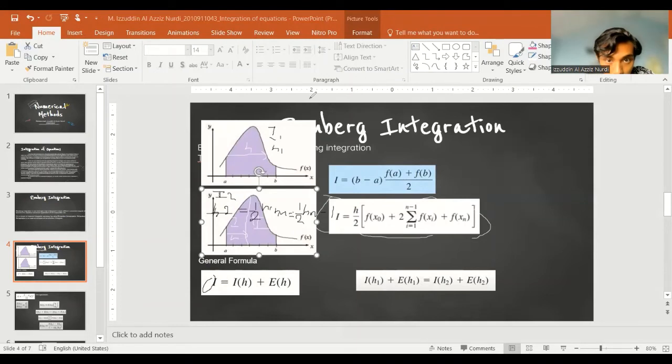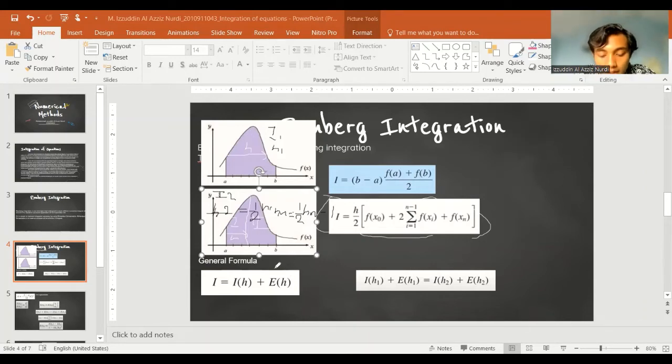The H1 is literally the true value, and this is the value of the approximation, added and summed with the value of the error approximation.